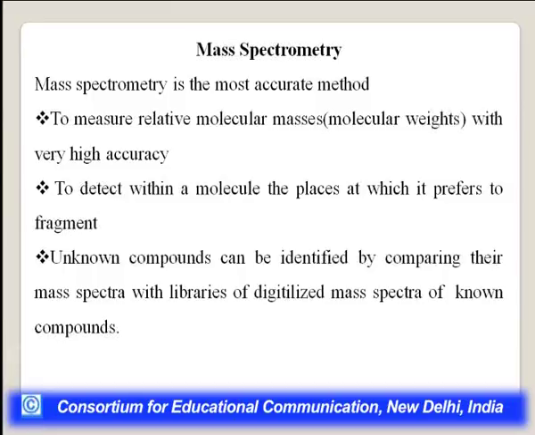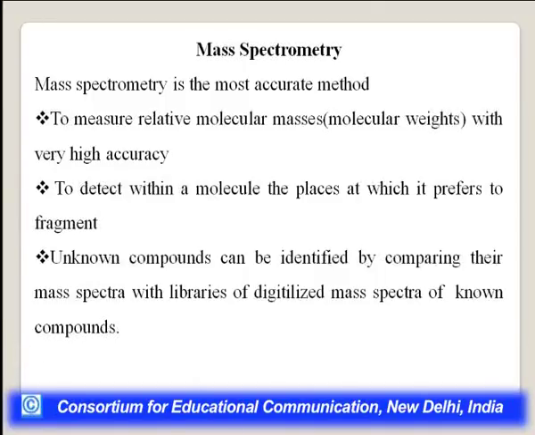Mass spectrometry is the most accurate method for various things, like to measure relative molecular masses, or we can say molecular weights, of organic compounds with very high accuracy. Next point, to detect within a molecule the places at which it prefers to fragment. A molecule no more will have an identity, it will divide into various fragments.